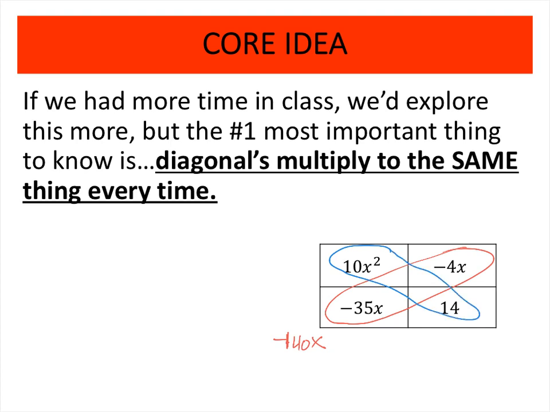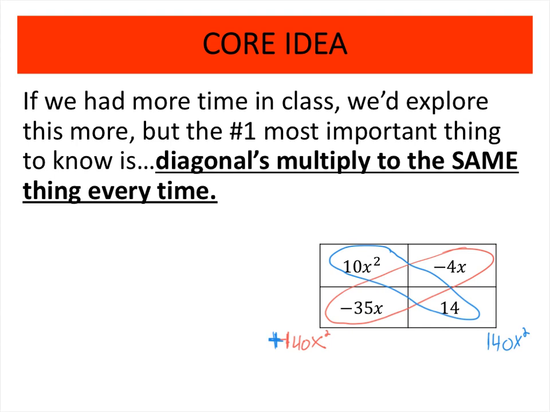If I multiply 10x squared and 14, I would end up with 140x squared. So notice, this would be positive, this would be positive. 140x squared and 140x squared. Take your time, explore this. This is a core idea. The diagonals always have to multiply to the same thing every time.